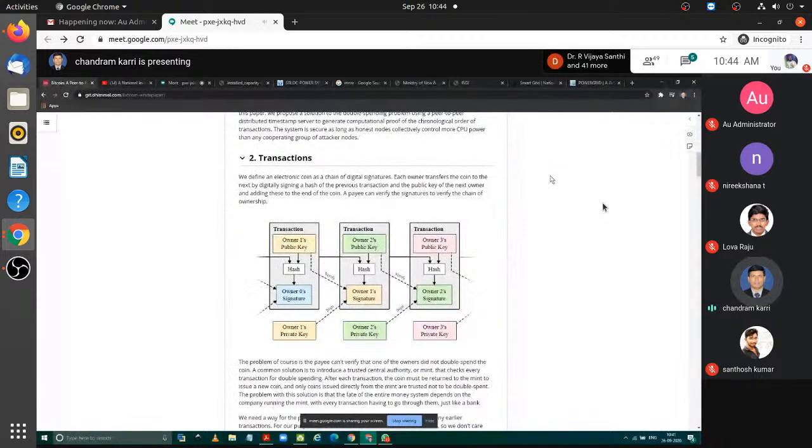So I would like to give one simple example about the transaction of money. When you go to an ATM center to withdraw cash, nowadays we just insert our debit card and your password is entered, a 4-digit number. Once it is entered, it will check your account details and everything. If enough money is there, then that will be debited, and you can withdraw money. So those are the three stages.